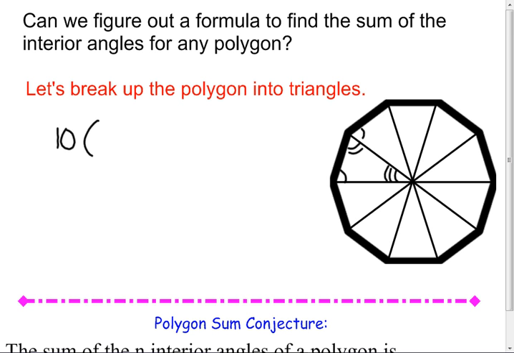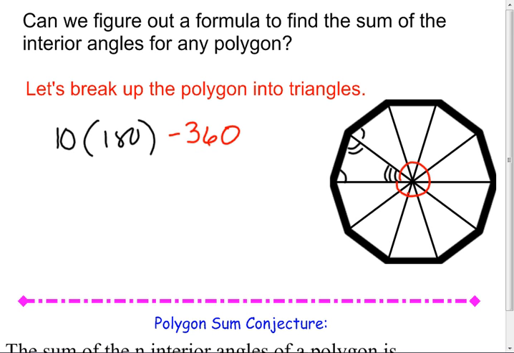So it's 10 times 180, and the problem is I don't want these angles in the middle. I just want these base angles. Turns out this is a regular polygon, but it doesn't have to be. If I add up this one and this one, I'm going to have too much: I got a full circle here I don't want. 360. So we'll subtract 360.